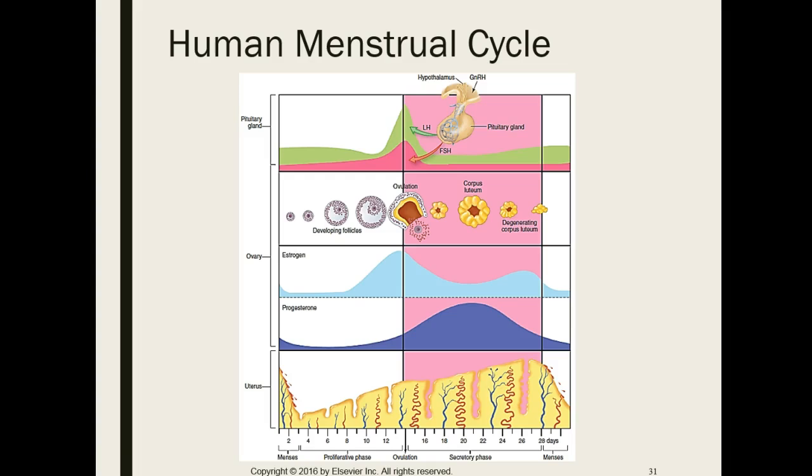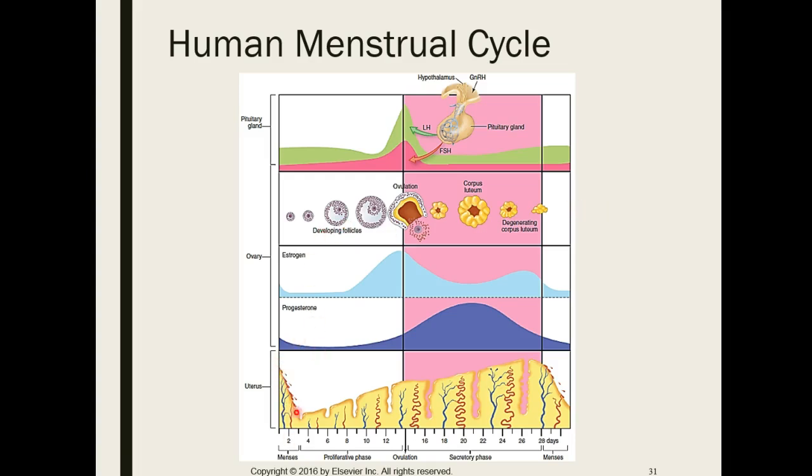This shows a couple of different things. So it's actually kind of a nice slide. It shows the function of the pituitary gland and the luteinizing hormone and follicle stimulating hormone, then the ovary, the estrogen and progesterone, and then also what's happening to those follicles in the cycle.